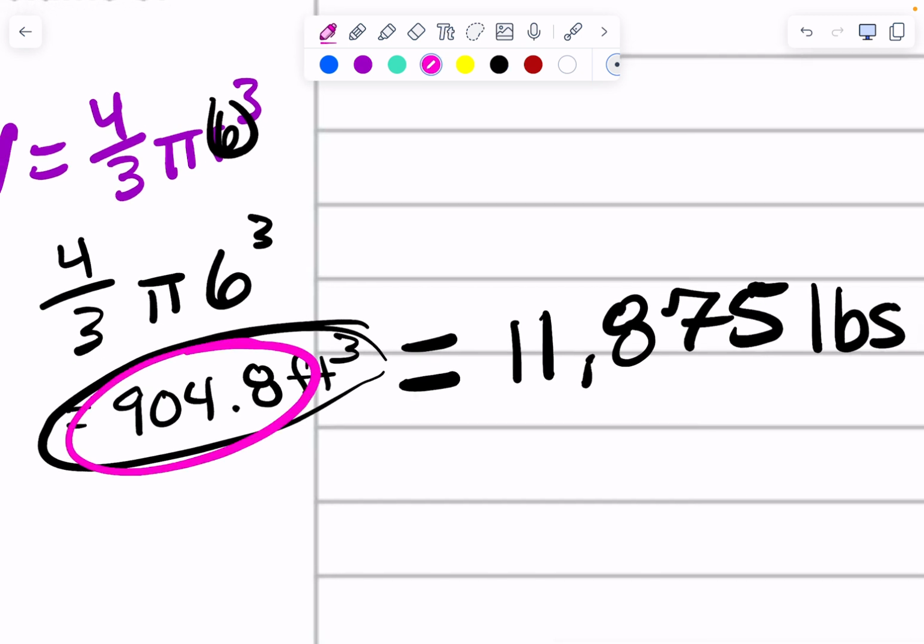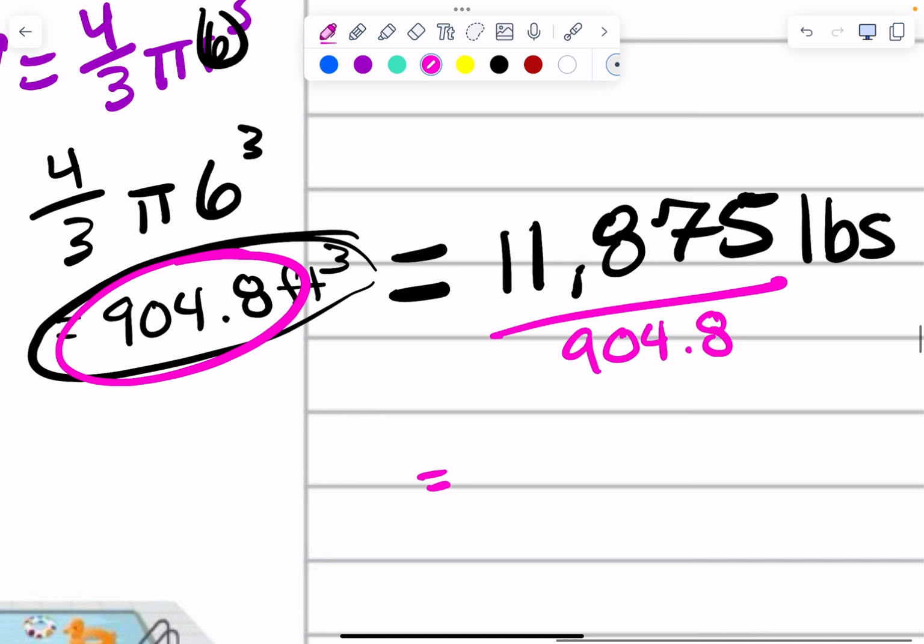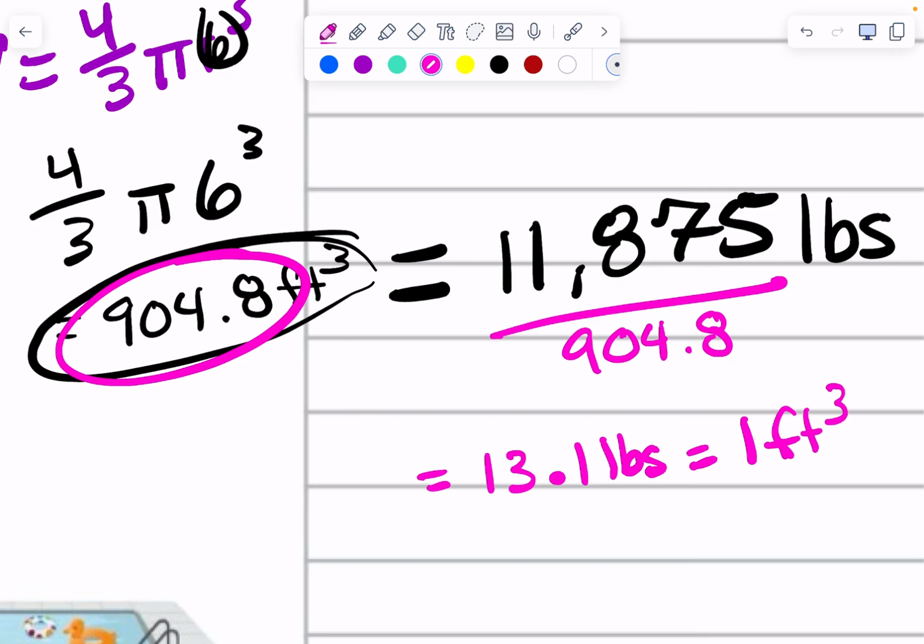How do I figure that out? Let's divide by 904.8. So how much is that? 13.1 pounds equals 1 cubic foot.